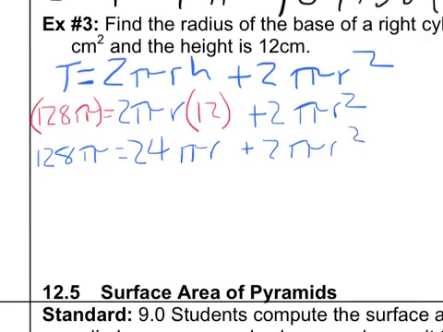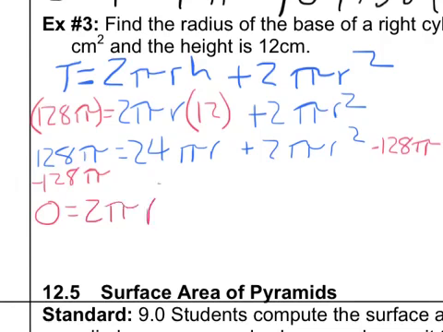And I said at the beginning, this is a quadratic, so whenever we have a quadratic, we need to set it equal to 0. We do that by subtracting 128 pi from both sides. And you end up with 0 equals. And now let's go ahead and put it in order. R squared, then r, and then our c term. So it would be like this. 2 pi r squared plus 24 pi r minus 128 pi.